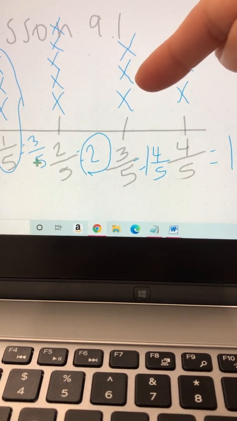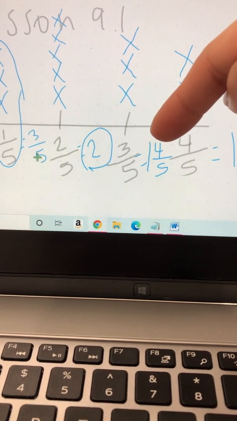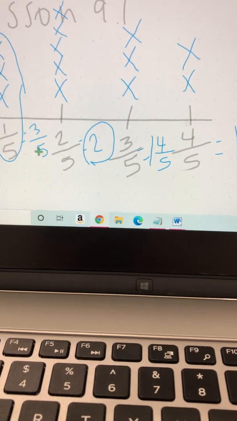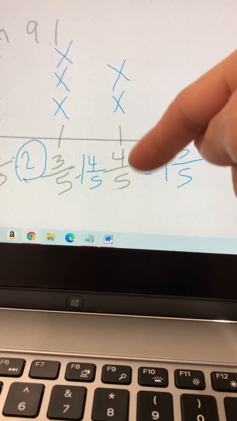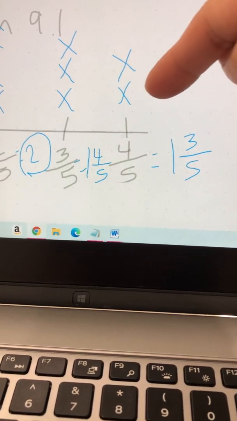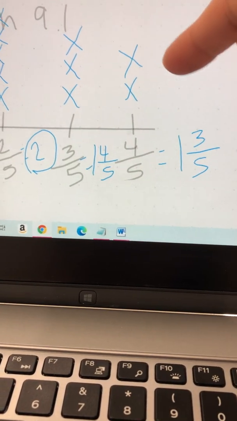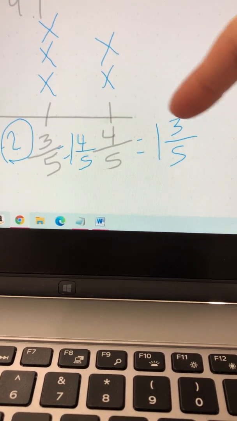Then we did 3/5. 3/5 plus 3/5 plus 3/5 gave us an improper fraction, and then we converted it, and we got 1 4/5. Then for 4/5, we also added that, and it gave us 8/5, an improper fraction, which we converted to 1 3/5.